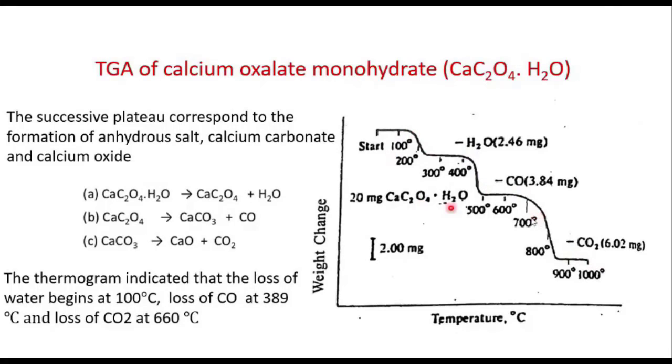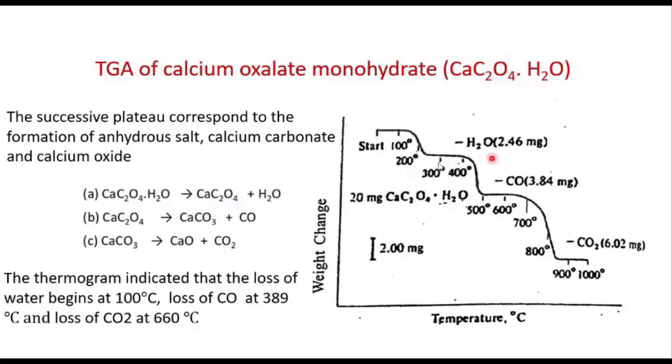You can see from the figure, calcium oxalate monohydrate is stable up to 100 degrees centigrade. This is representing calcium oxalate monohydrate, and from there, it is getting converted to the anhydrous form.